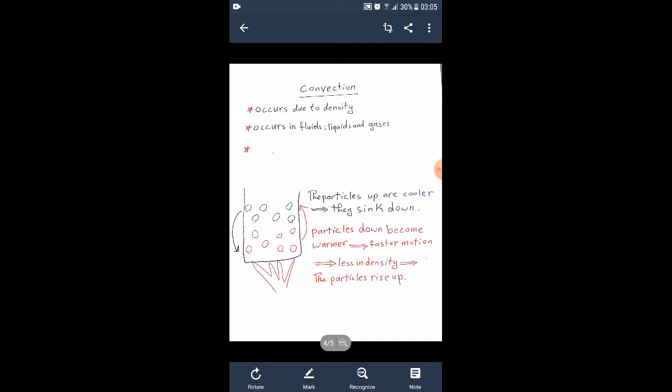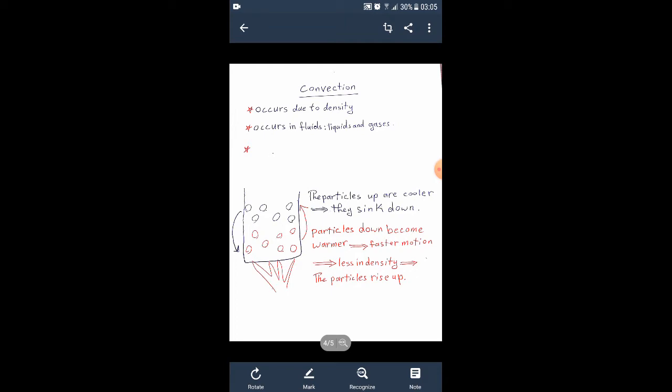What will happen to the particles that are up? They will sink down because of the difference in densities. Always the denser sinks, the less dense rises up. We will not say here float because float needs another object. We will say we rise up.